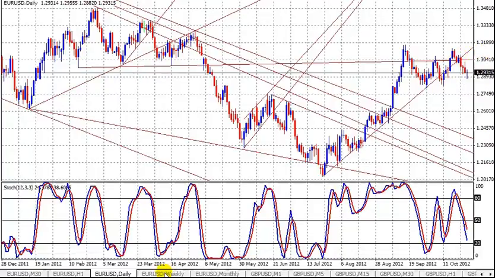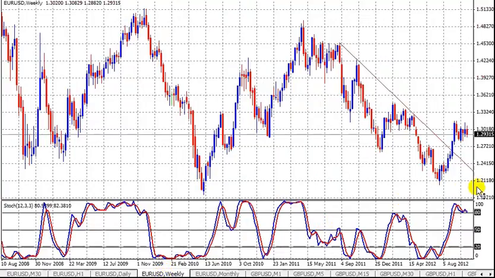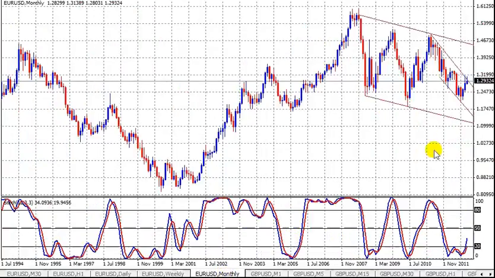Technically, if we look further out on the weeklies, we had this huge run up, and now we've consolidated and built this almost upward moving triangle. So what should happen is we should rally up out of that. Stochastics are showing us that we're really overbought at this point, so it's very possible we could sell back off to around 127 and then move back up.